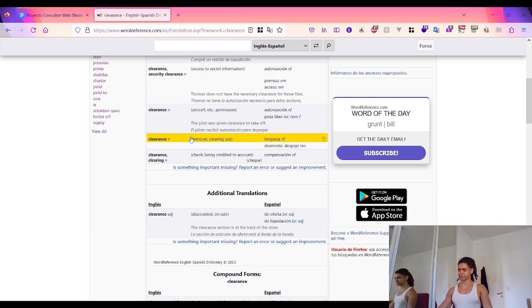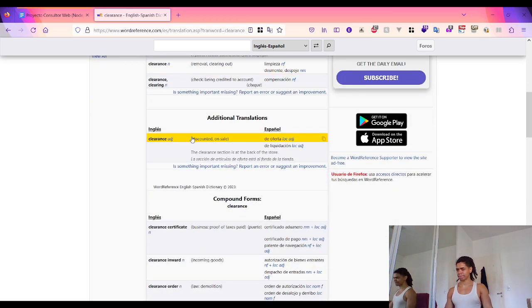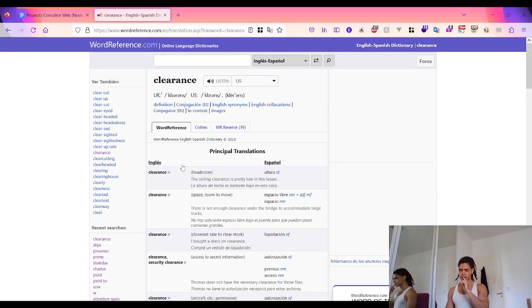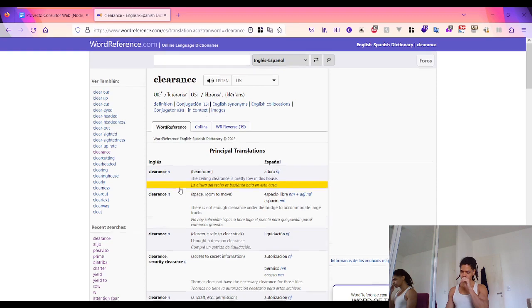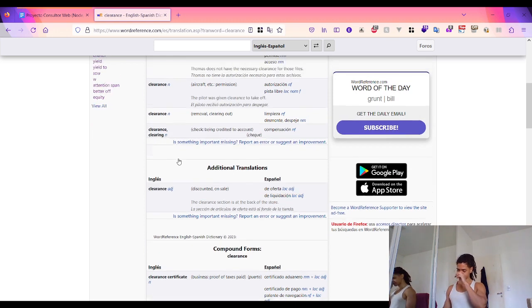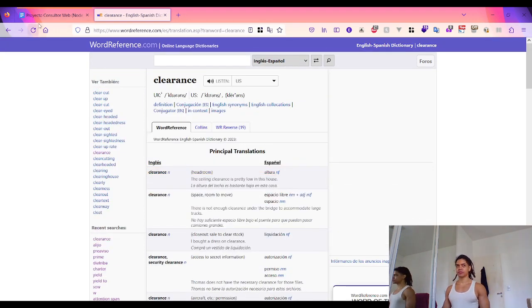But in any case, clearance depends on the context.